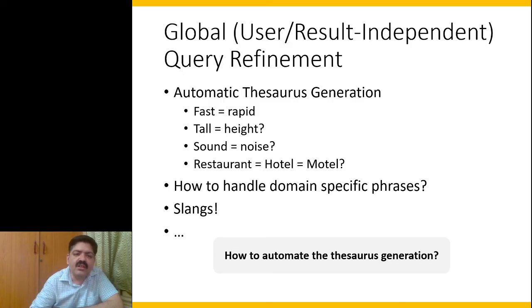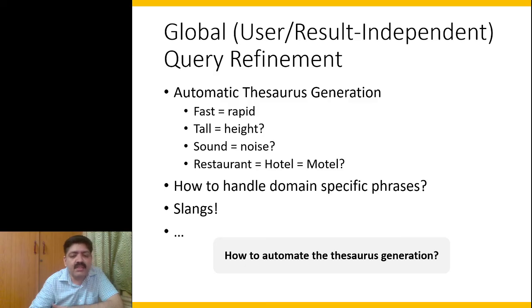So I'm forced to generate or create thesaurus in an automated fashion. There are many terms like fast and rapid, tall and height, sound and noise, restaurant and hotel and motel. So many of these belong to equivalent classes when it comes to web search, but need not be equivalent in the linguistic world. So one natural question is, is there a way to generate these kind of thesaurus in an automated way? And if yes, how?